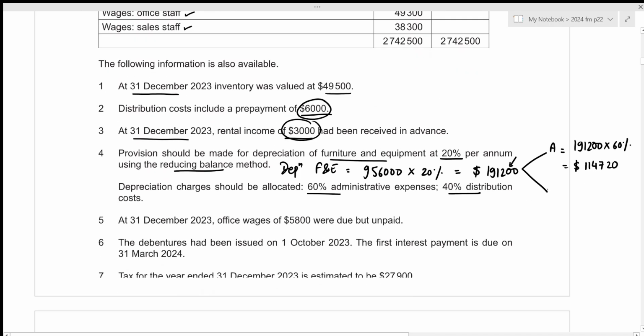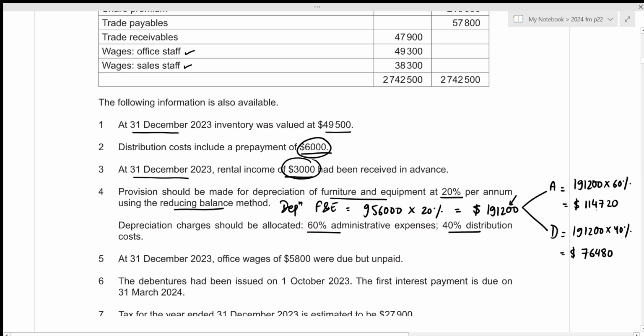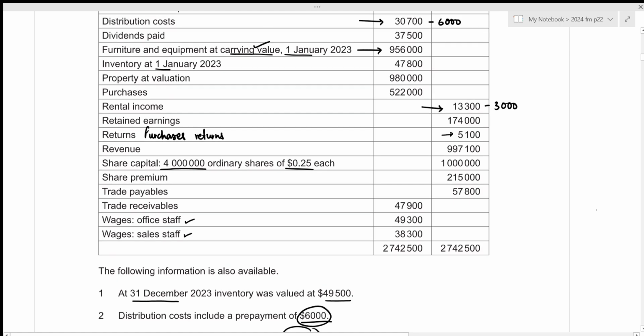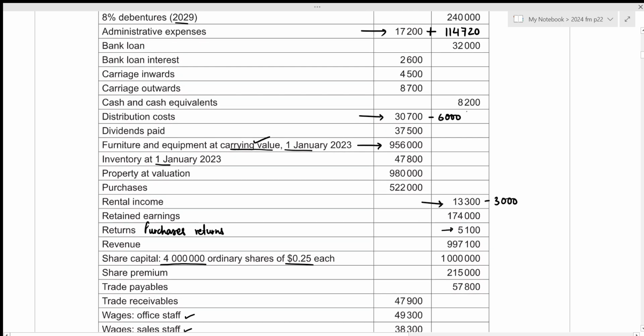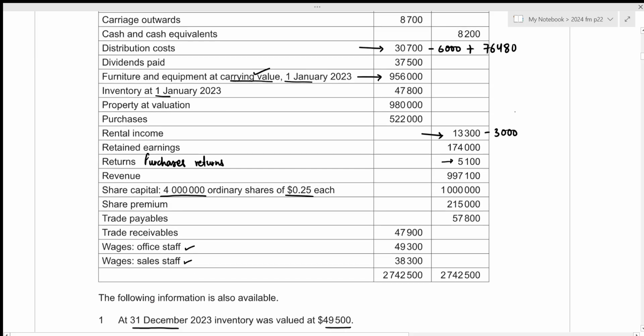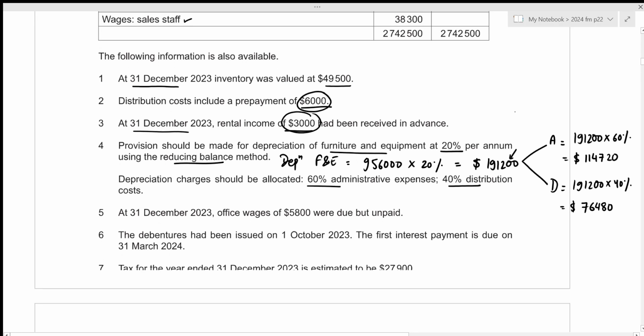Then for our distribution cost, we require 40% of the same amount. That will be 191,200 times 40%. And this results in the value of 76,480. Let us add this to our distribution costs. So distribution is right here, plus 76,480. So we have included the depreciation for our furniture and equipment.